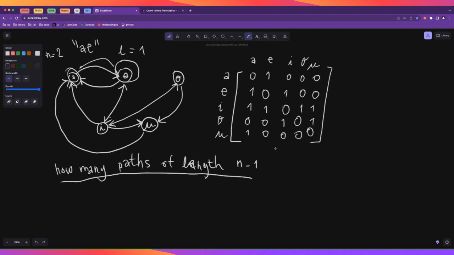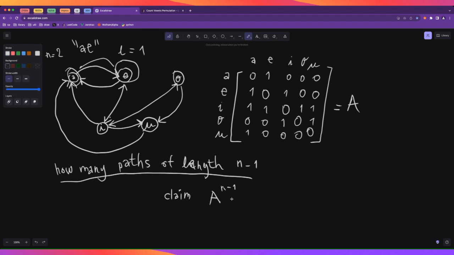My claim is that if we call this matrix A, then A to the n minus 1 has all the paths.